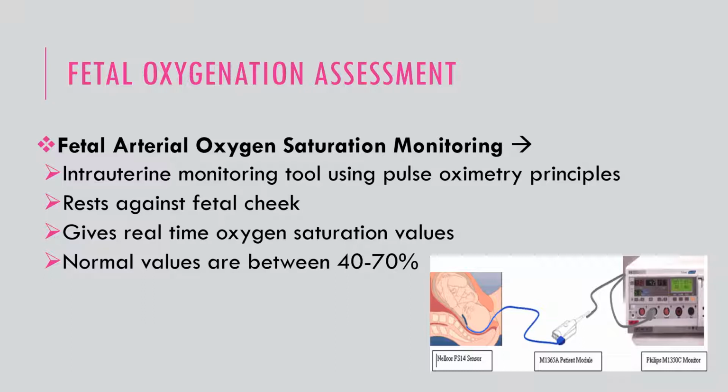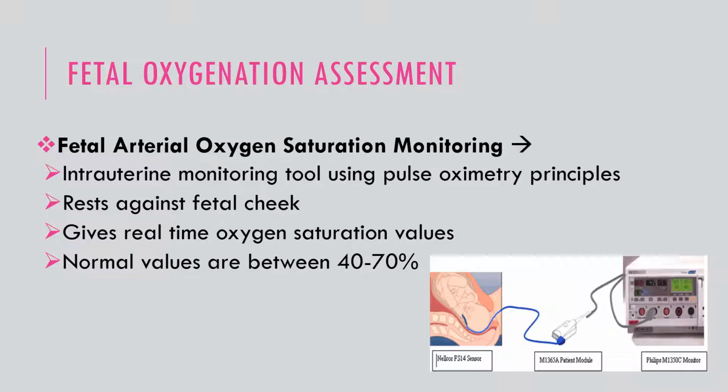And what's normal for a fetus is an oxygen saturation somewhere between 40 and 70%. That seems really low because what we want grown-ups, or anybody who's breathing air, to be at is at least 95 or above, right?